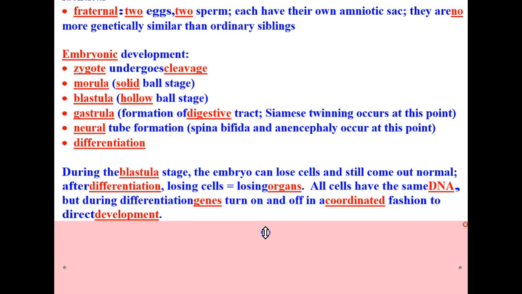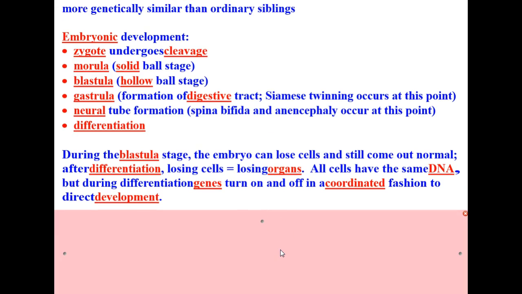During the blastula stage, the embryo can lose cells and still come out normal. But after differentiation, losing cells means losing organs. All cells have the same DNA, but during differentiation, genes turn on and off in a coordinated fashion to direct the development of all the different systems.